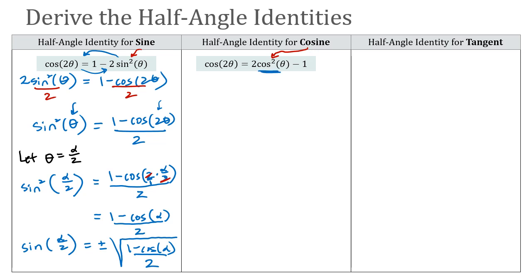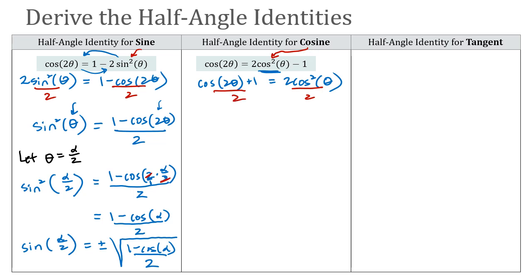So in this case, I think that I will add 1 to each side. I think that'll do it. So that'll give me cosine of 2 theta plus 1 equals 2 cosine squared theta. And I'm going to divide each side by 2, just like you saw me do before.